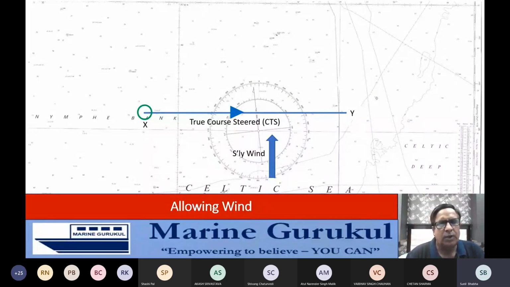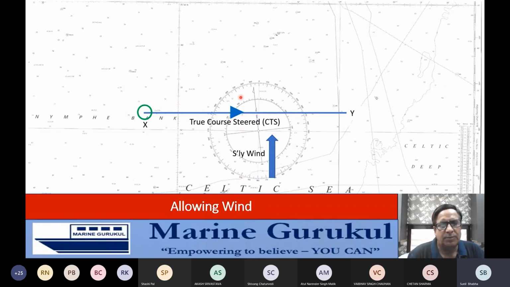Now the leeway, when you allow for wind, must be allowed to the lee side of the vessel or should be allowed downwind, whichever way is comfortable for you to remember. In this case, the wind is blowing from the starboard side of the vessel.